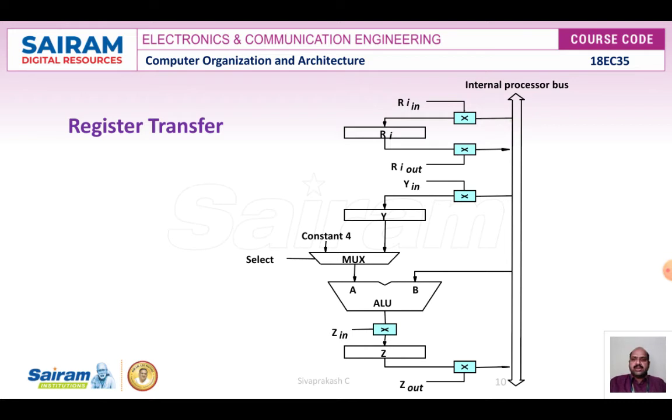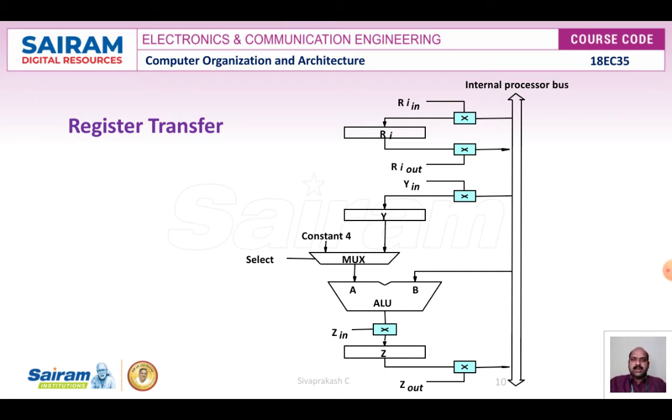Let's discuss the register transfer in this particular single bus architecture. The instruction execution involves a sequence of steps in which data are transferred from one register to another. For each register, there are two control signals, to place the content of that register on the bus or to load the data on the bus into the register.